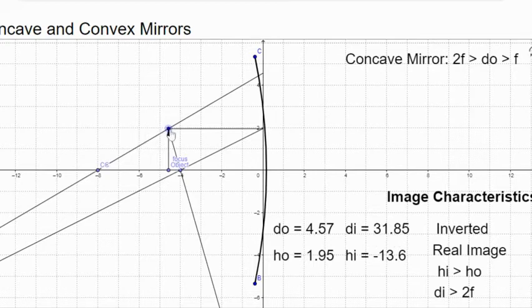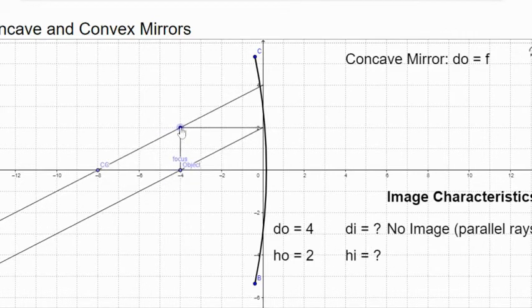But watch what happens when I place the object precisely at the focal point. Look at that. You can see it says right over here, no image. And it even explains why there's no image. Parallel rays, it says. In other words, the light rays from the object reflect off the mirror parallel to each other.